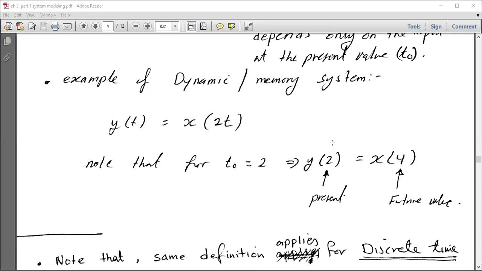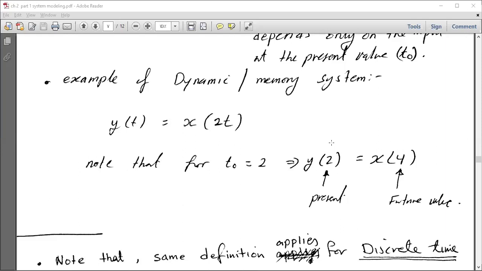Or if you need something from the future, you need to wait for the future data, put it in a memory, and then do the processing. If you are doing it instantaneously, say the input comes in now and you take your decision based only on the present input, then you don't need memory.